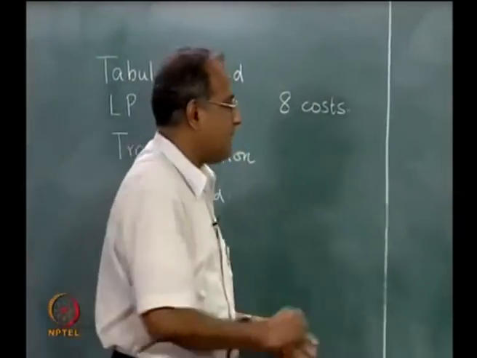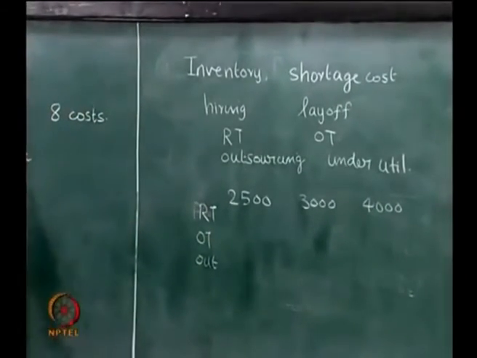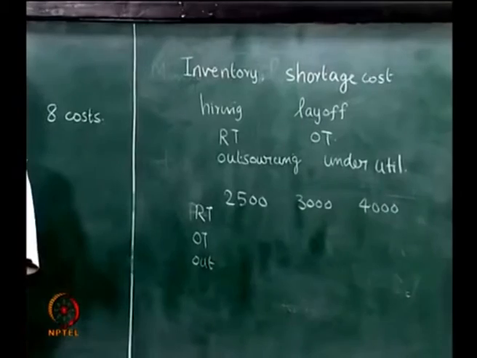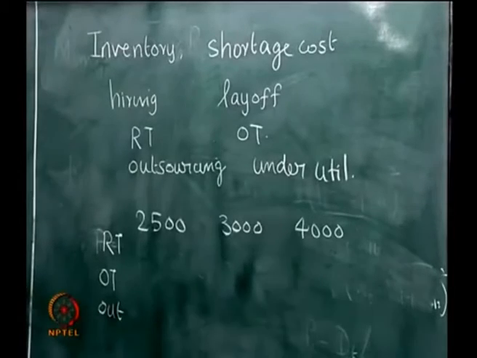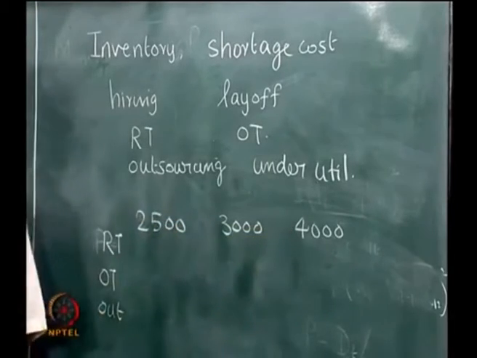The other point is that sometimes there can be limits or constraints which would also make a pure strategy not doable. For example, in this month the demand is 4000.